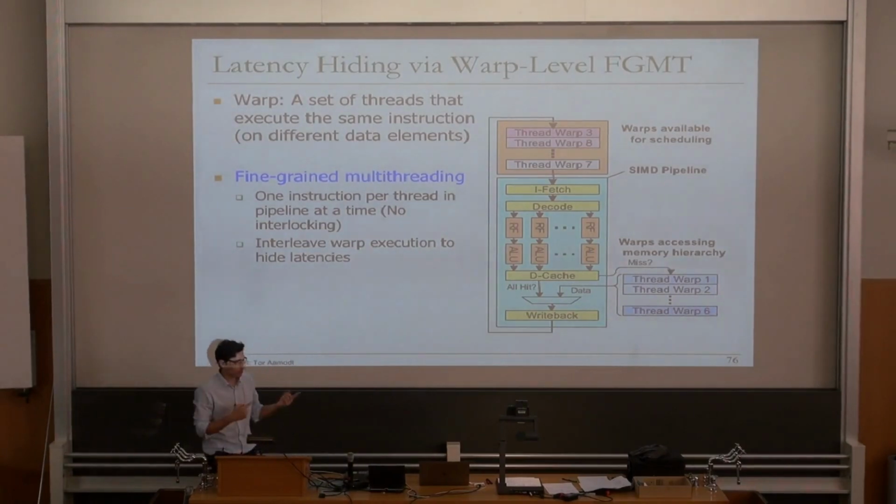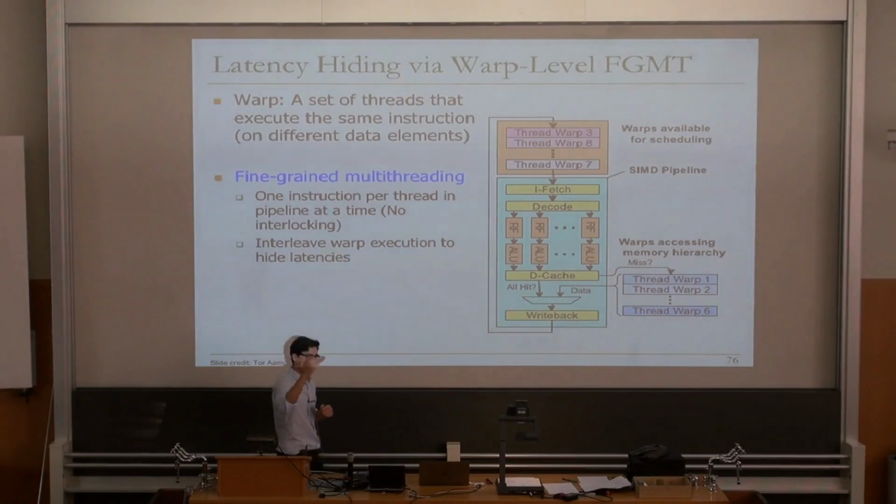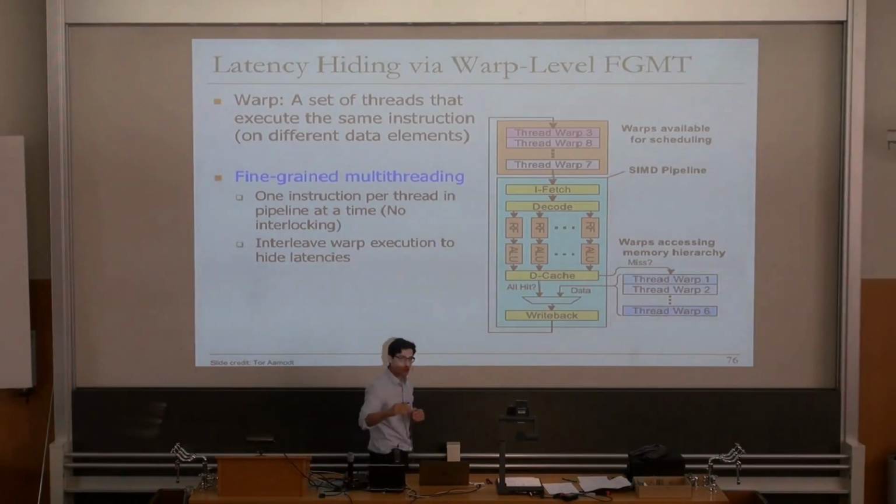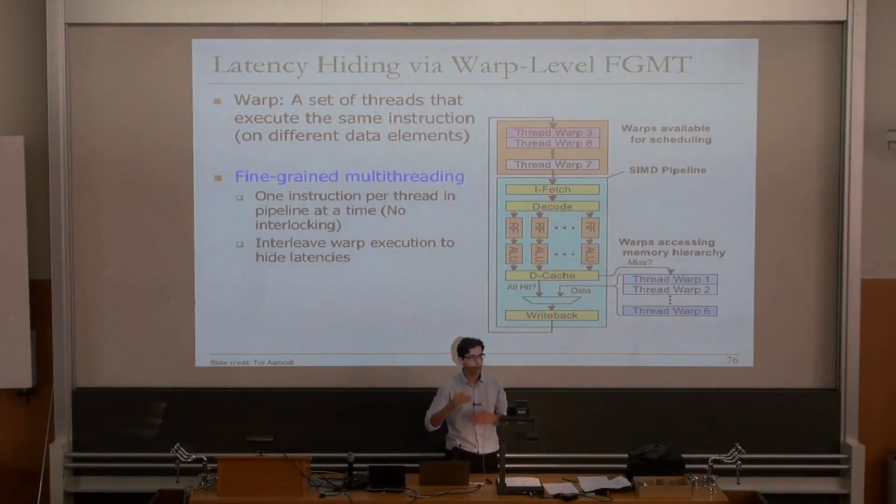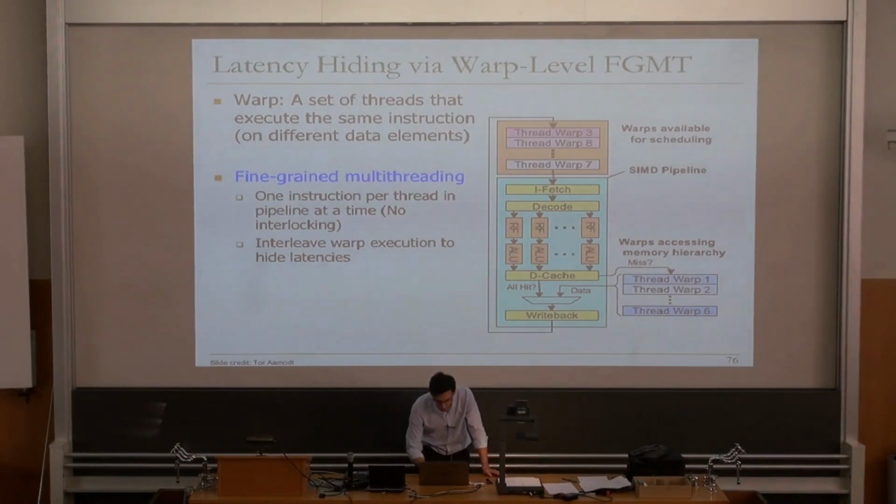The good thing with the fine-grained multi-threading architecture is that while some warps are going to memory to access data, we can keep executing instructions from other warps that are ready on these cores, on these scalar pipelines, or these vector lanes in these ALUs.